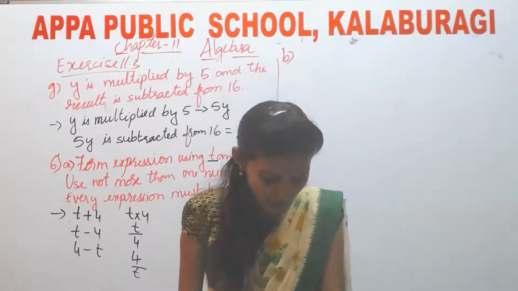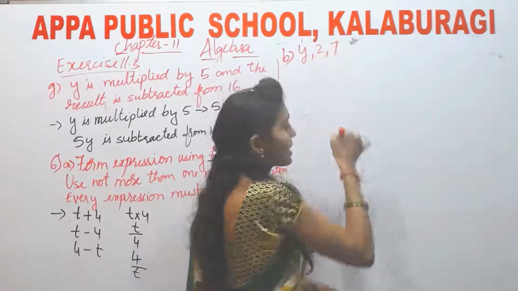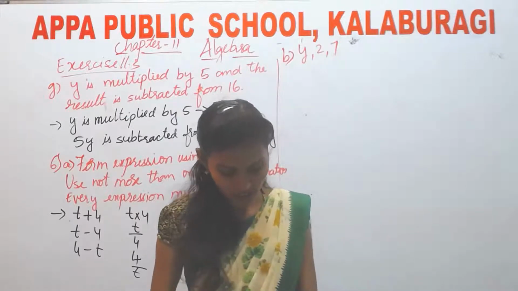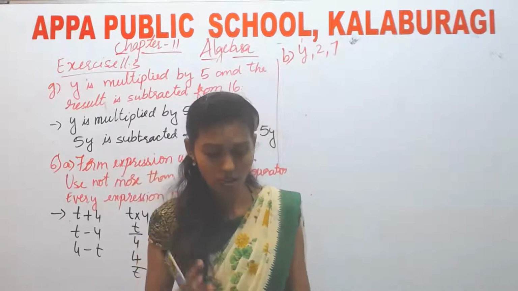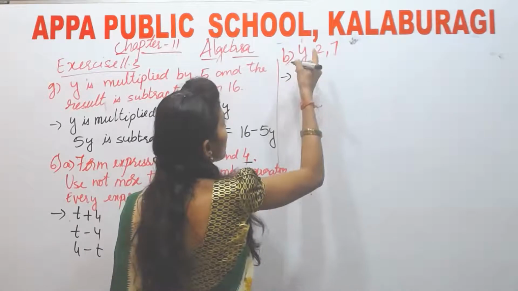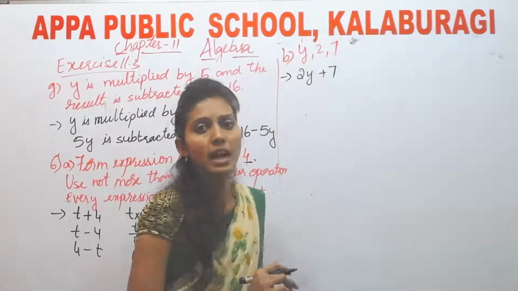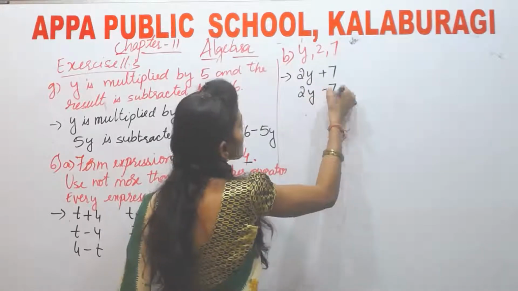Form expression using Y, 2 and 7. Every expression must have Y in it. Use only 2 number operations. These should be different. First, 2y plus 7. Multiplication and addition. Then 2y minus 7.